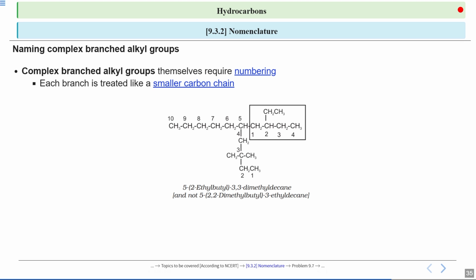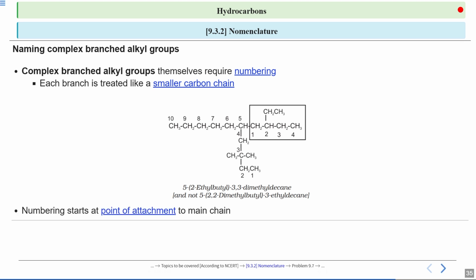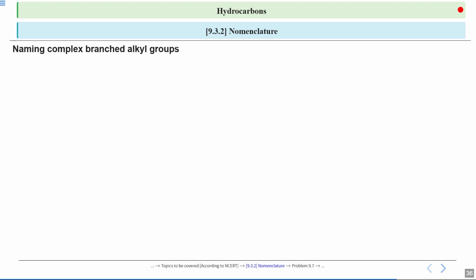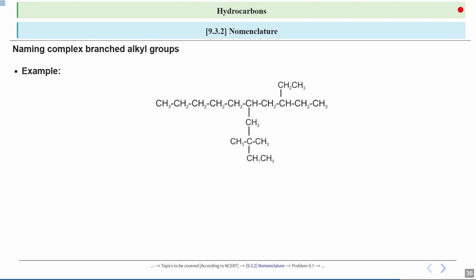Apart from the longest carbon chain, the boxed part is the branch, and this branch is a complex one. So we have to give a numbering for it itself: 1, 2, 3, 4, and the numbering starts from where it is attached to your main chain. You must be seeing here that the numbering is starting from the point of attachment. Got it?